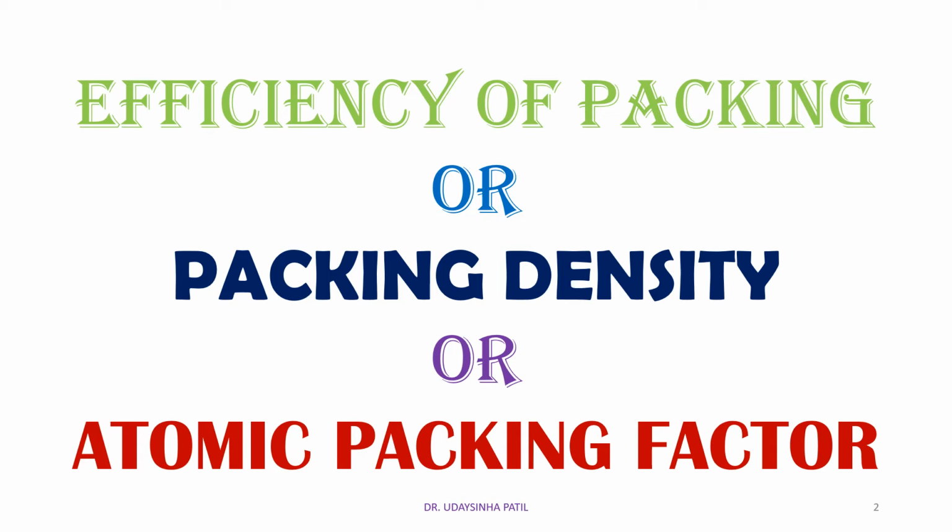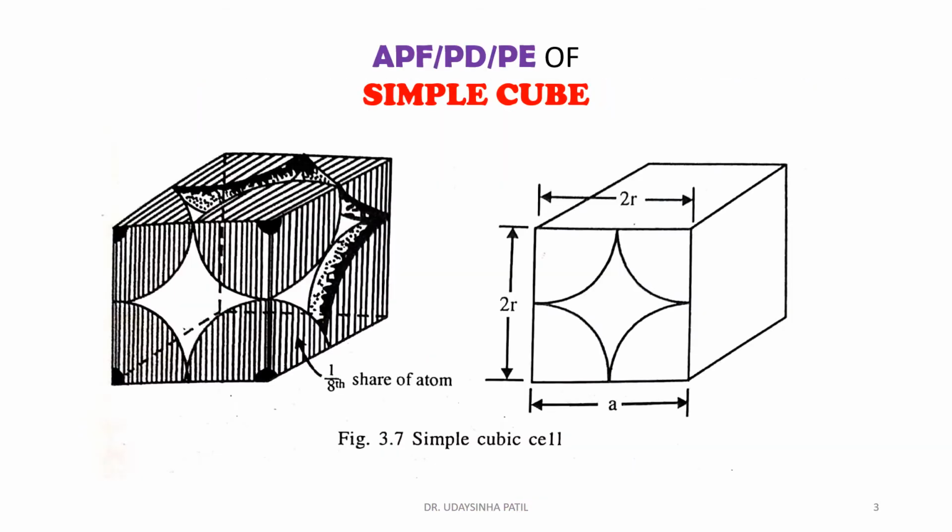Let us start with the simple cube lattice. The APF, PD and PE are all the same: the atomic packing factor, packing density or efficiency of packing of the simple cube.